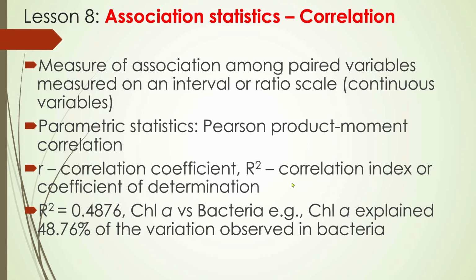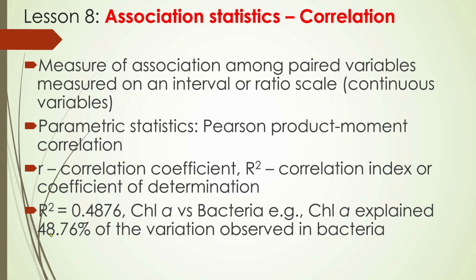Correlation index is also known as coefficient of determination. I prefer to use correlation index in my writing and analysis, as it describes the percentage of variation in the y-axis that can be explained by changes in the x-axis.